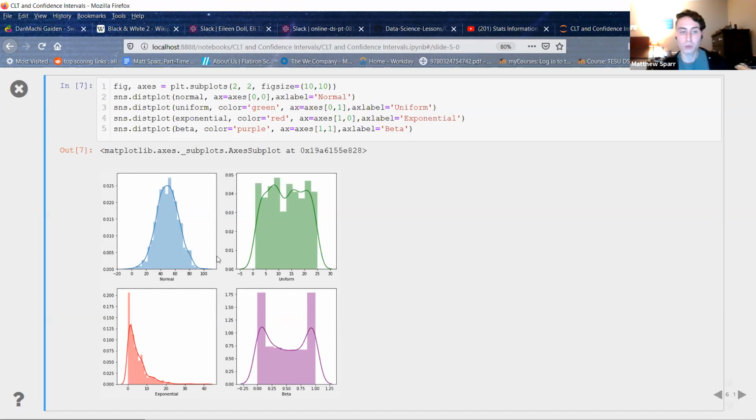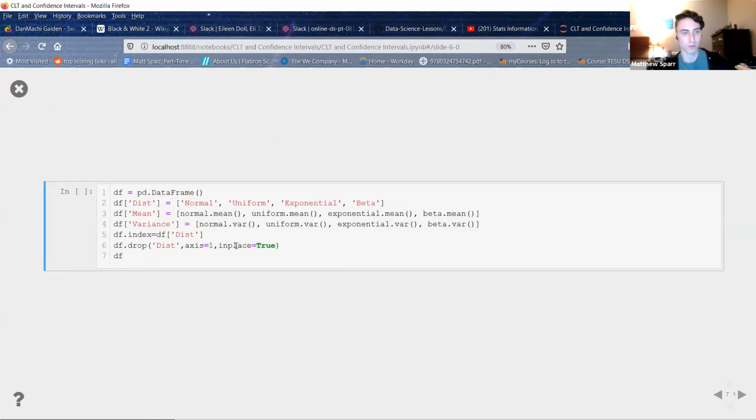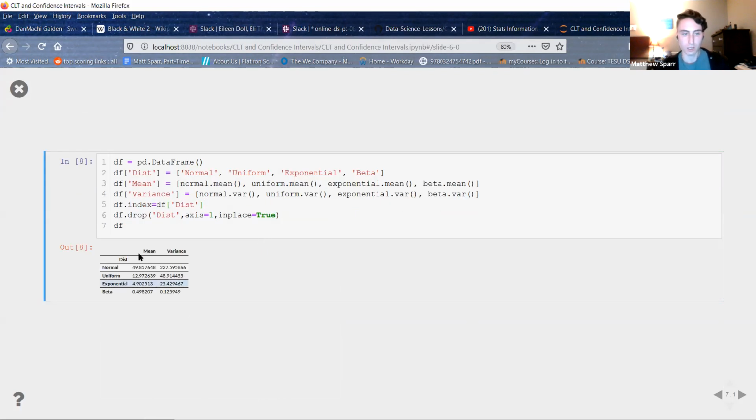So we have a standard normal distribution, and then we have 3 that are not. We're going to test out those 2 features about the sample means and the sample variances with all 4 of these. This here will create a data frame that has the means of all of those populations we just made and the variances. And you can see them printed out there.